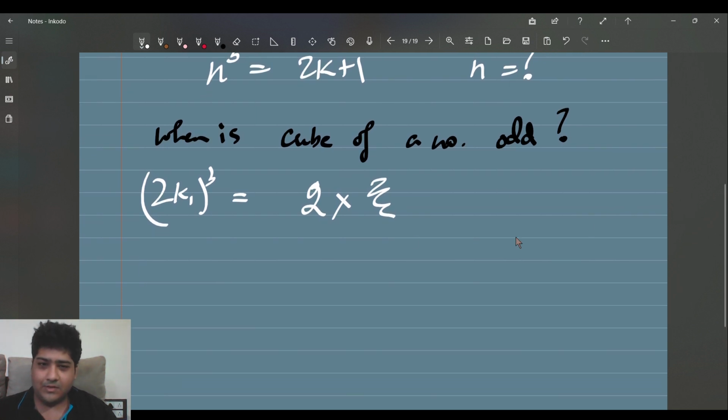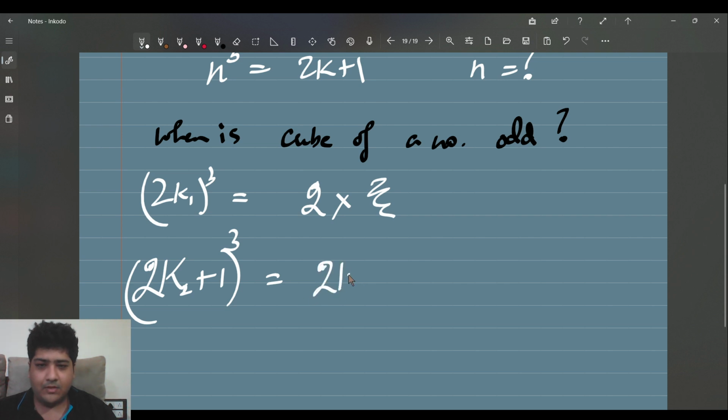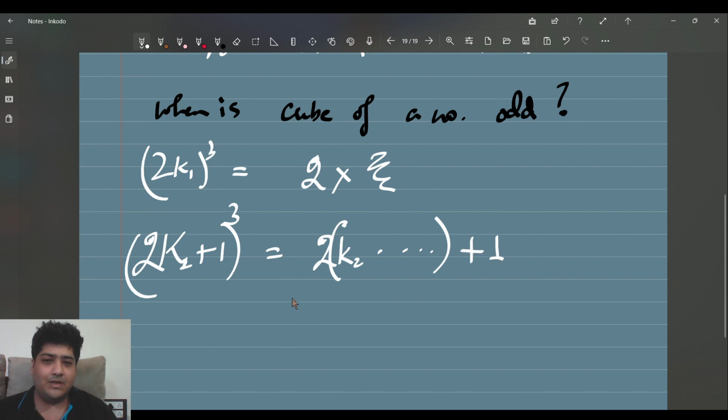So if a number is not even, it has to be odd, right? So if 2k plus 1 is an odd number and I'm cubing that number, it will always result in some 2 times k squared and so on. Any 2 can be factored out from this, and I'll still have a plus 1 cubed out here, right?